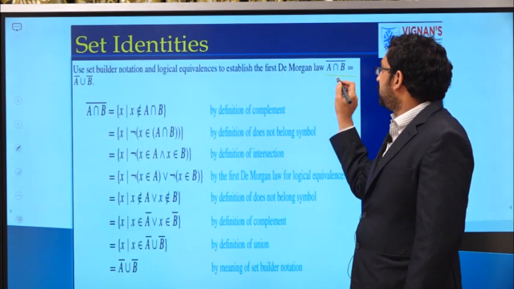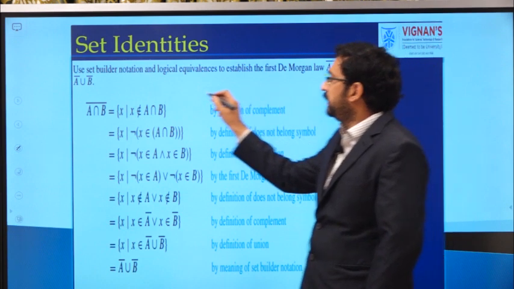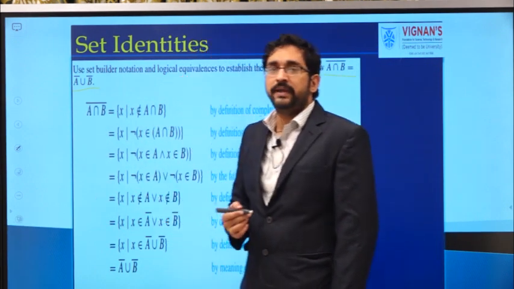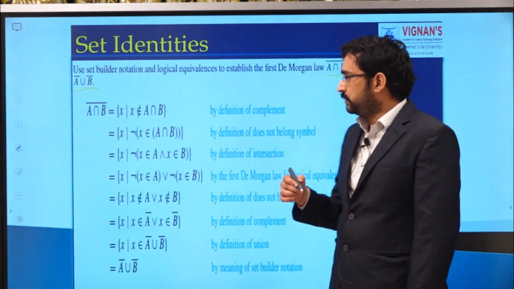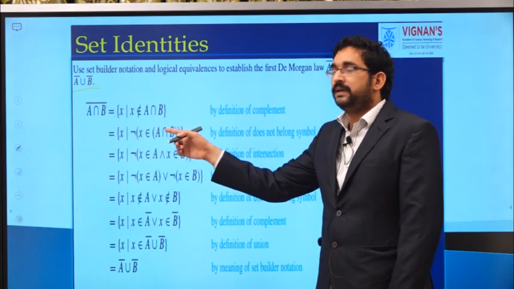We have to prove this result: A intersection B whole complement equal to A complement union B complement. This you have to show. So A intersection B complement.